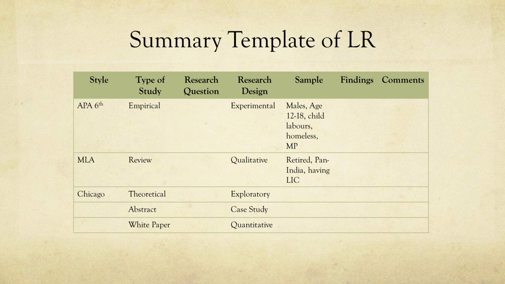Another example can be, it can be a review paper that you are actually seeing. Just write down these topics according to the paper, whether it has been written in MLA, APA, Chicago, it's a review paper, it's an empirical, it's a theoretical paper, it has been used as a qualitative design or a quantitative design. What is the sample of that paper, what are the findings?